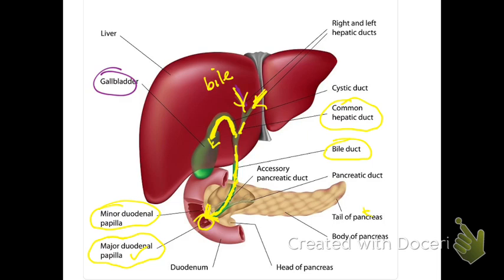In addition to the bile coming down the bile duct and dropping off into the duodenal papilla, the pancreas is also releasing its products. And the pancreas is releasing its products through the bile duct. Sorry, the pancreatic duct. My bad. So the pancreatic duct. So the pancreas is releasing these enzymes, and they are meeting up right here into the pancreatic duct, and they too are being released into the duodenum.